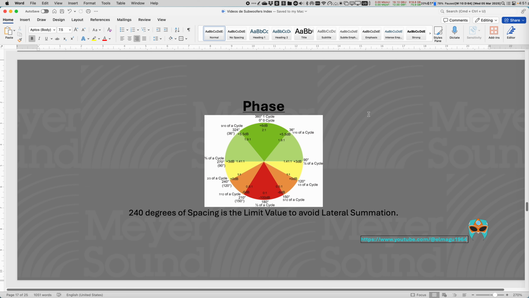And in the phase mechanism, in case you are not aware of this, basically it works like a circle, and in this case we will use the philosophy of a watch, where we have the top of the watch at the top of this graphic, and then around we have 3 o'clock, this will be 90 degrees, and where we have 6 o'clock is 180 degrees, 9 o'clock 270 degrees.